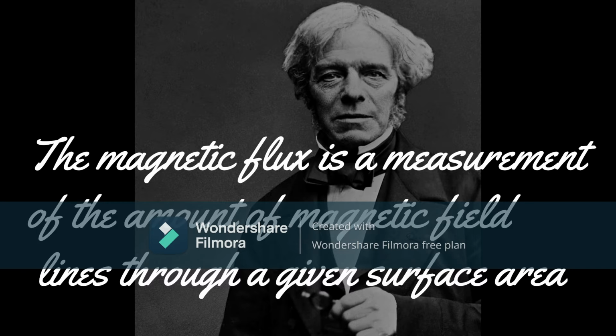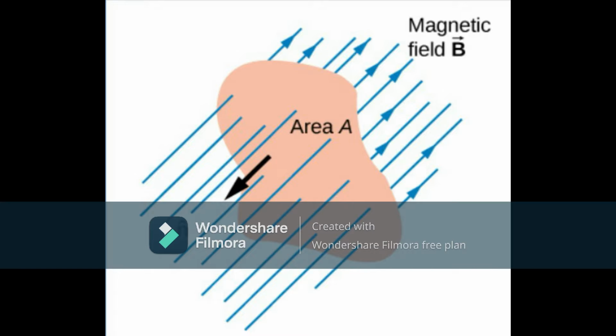Magnetic flux is a measurement of the amount of magnetic field lines that go through a given surface area. This image is an example of the situation where magnetic flux passes through a given surface area.